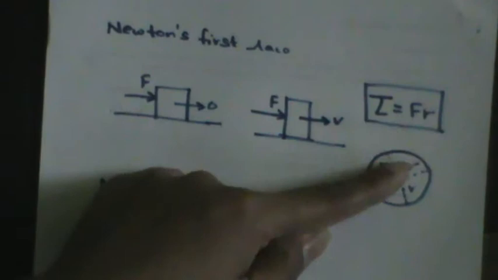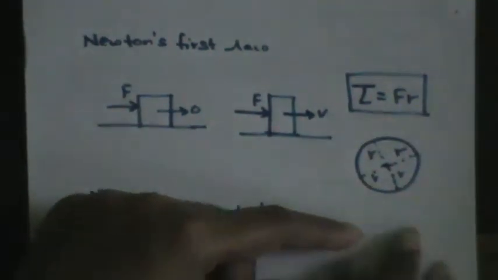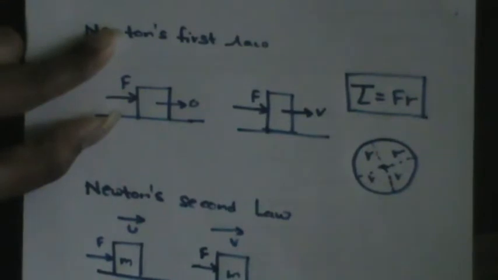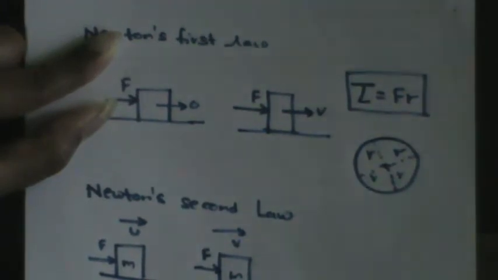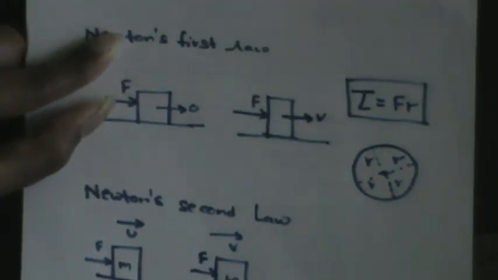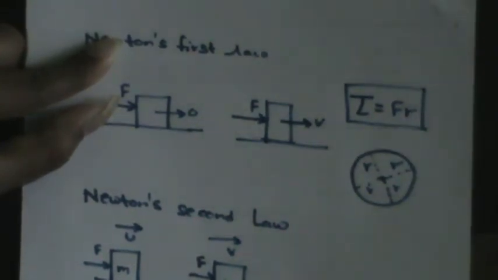Now if you multiply this force by the radius of this circle or sphere, what it actually means is that in rotational motion, for an object to get rid of its initial angular velocity, omega, or if it is initially at rest to start an angular velocity, what it needs is an external unbalanced torque. This is not an external unbalanced force now, this is an external unbalanced torque.